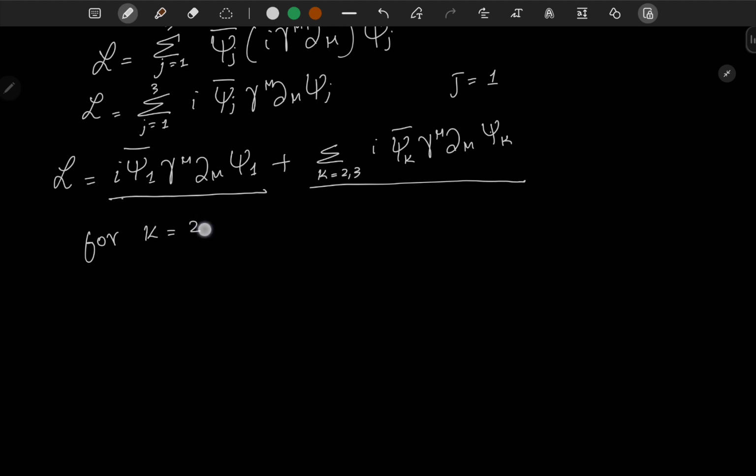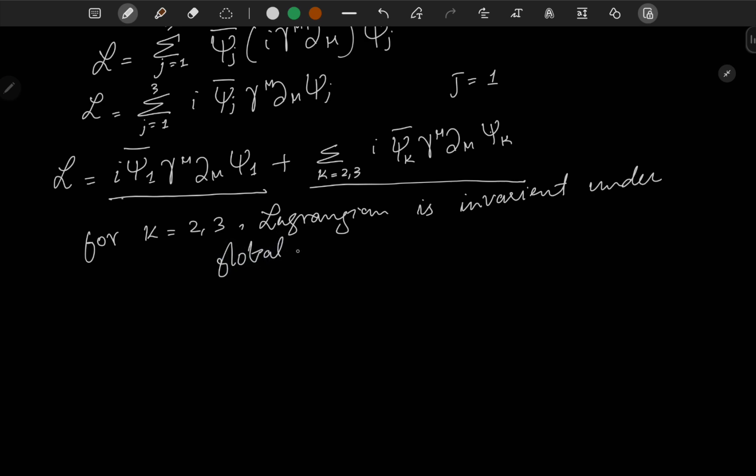For k equal to 2 and 3, the Lagrangian is invariant under global phase transformation.